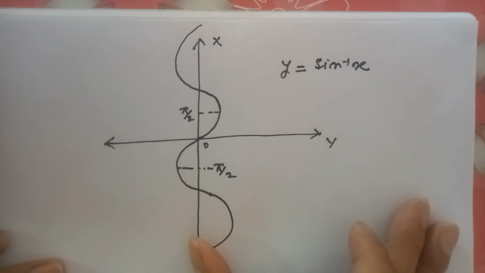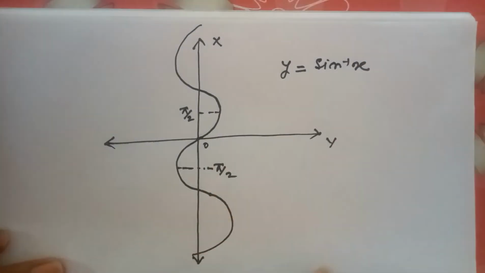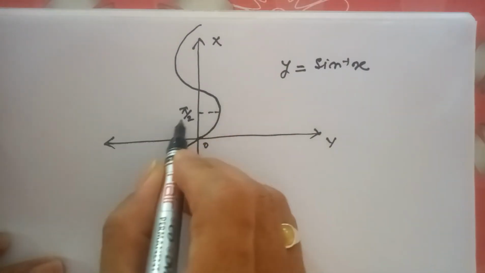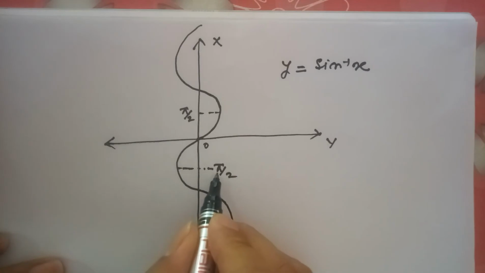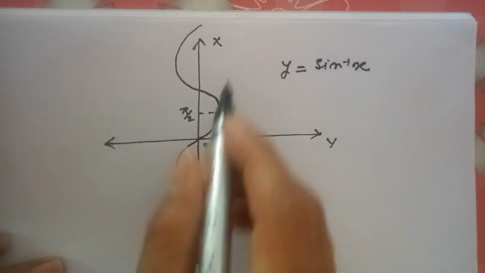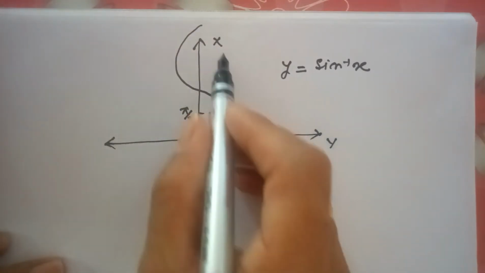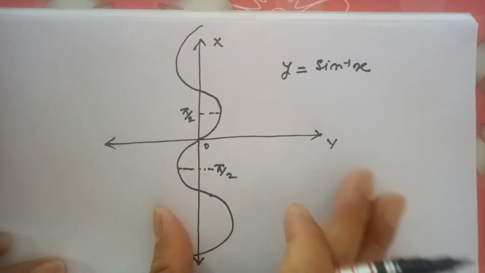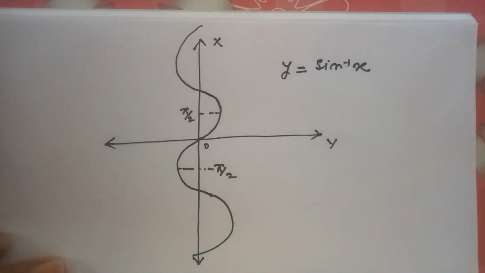So if you plot the sine inverse graph, you get it like this. This is pi by 2, this is minus pi by 2, and our y comes here, x is there. This is the sine inverse graph.